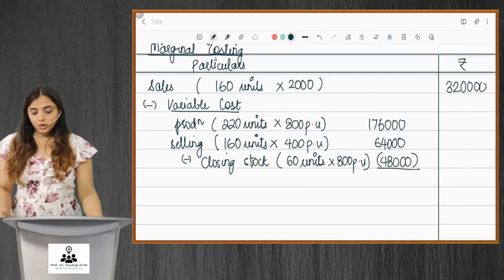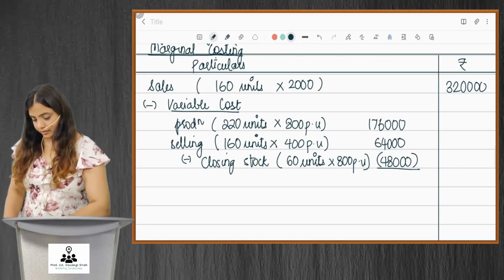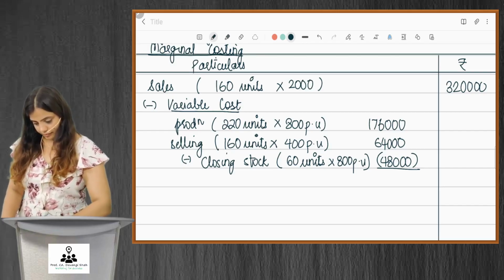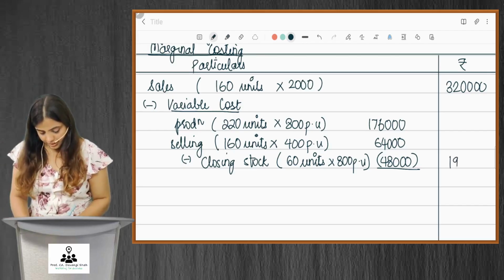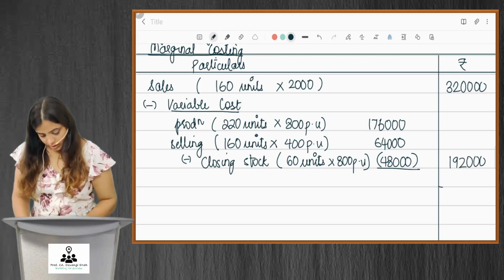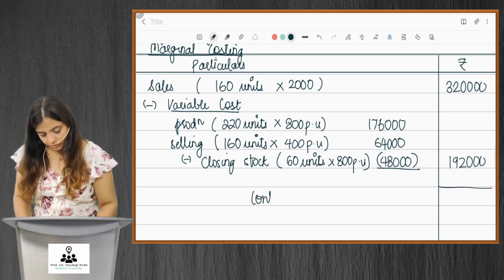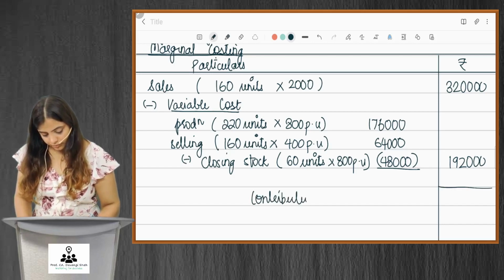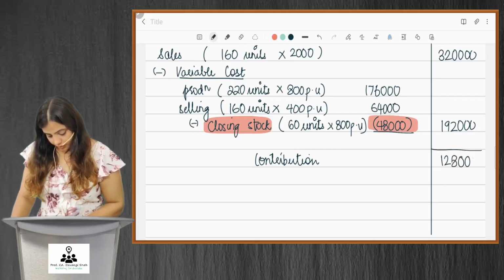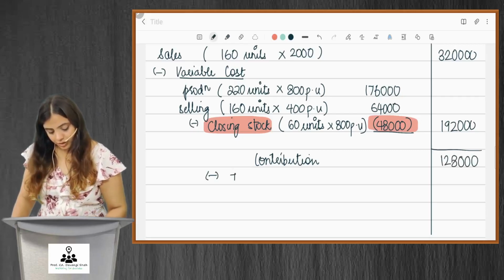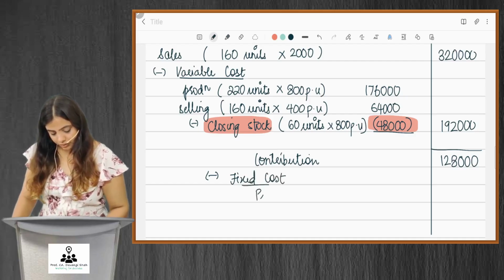So friends, what is the total variable cost that you get? You get 1,92,000. Come on friends, get the contribution. Contribution would be 1,28,000 minus fixed cost. Under fixed cost, you have production and selling.